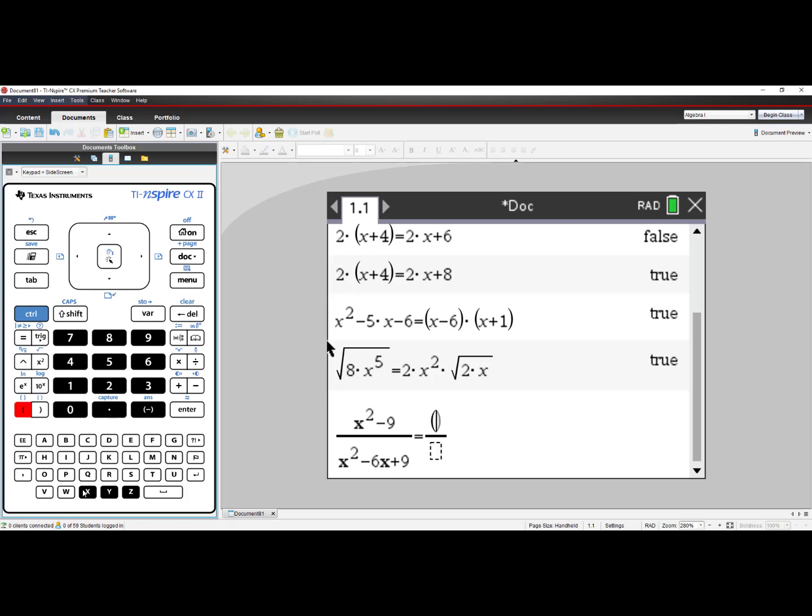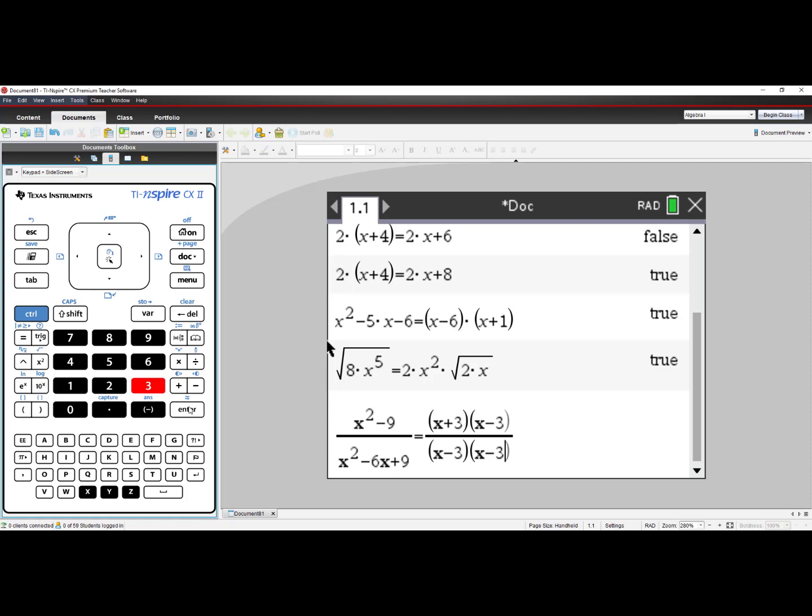Open parentheses, x plus 3, close parentheses. Open, x minus 3. For the difference of two squares, x squared minus 9 becomes x plus 3, x minus 3. The denominator will become, open parentheses, x minus 3, close parentheses, open parentheses, x minus 3.